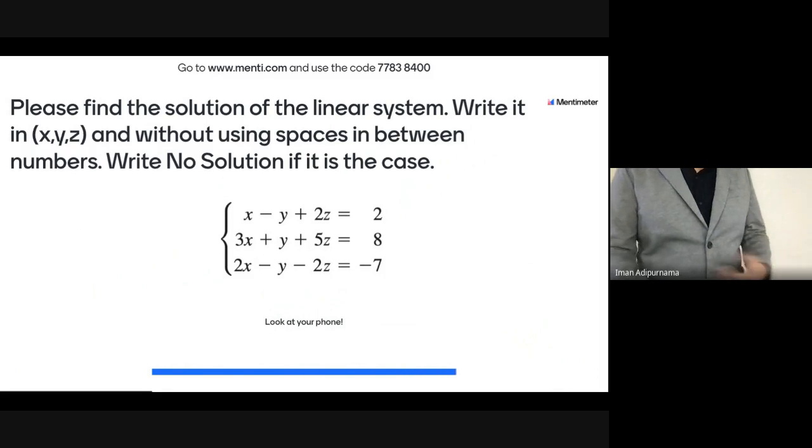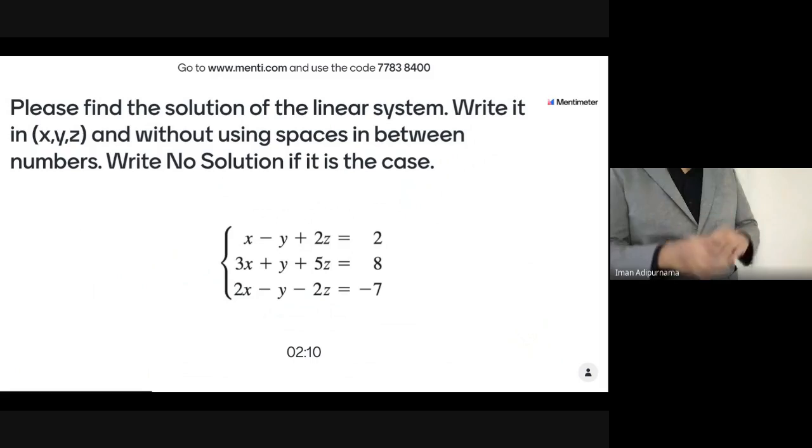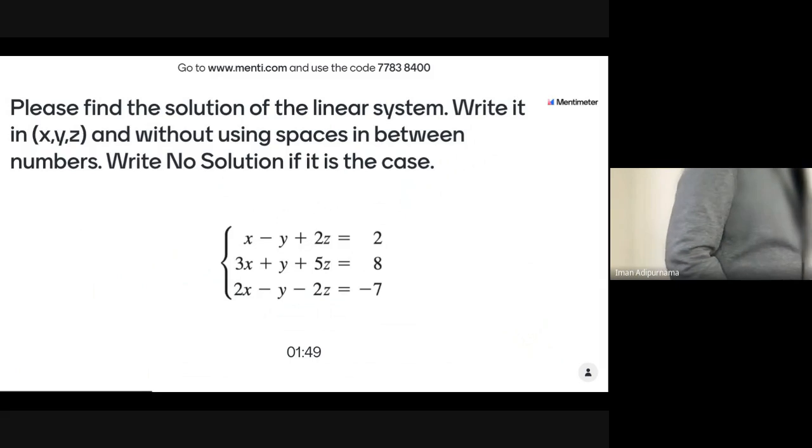So you need to write the solution in X, Y, Z using comma without space. Okay. If there is no solution, write no solutions. 2 minutes. I hope enough.